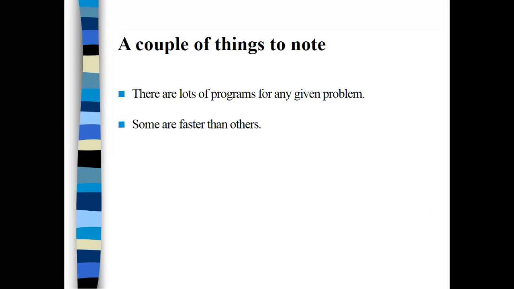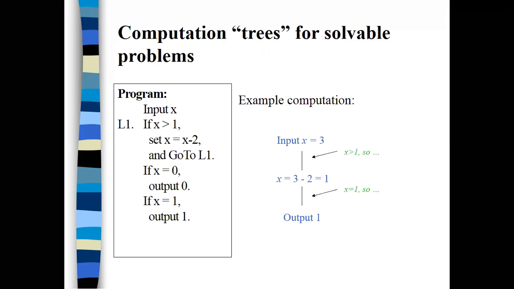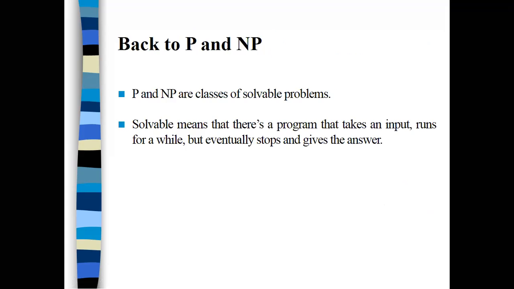A couple of things to note: there are lots of programs available for a specific problem. Some are faster than others, so we can always artificially slow them down. So what we were discussing about P and NP, as we already discussed, are two classifications of problems. P are the problems that we can solve in a short time, in minutes or hours.